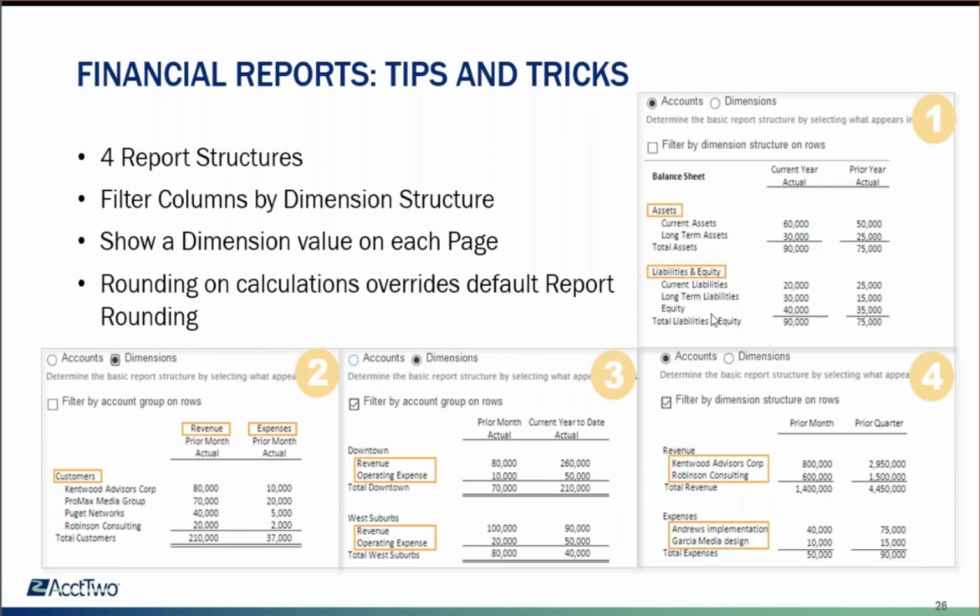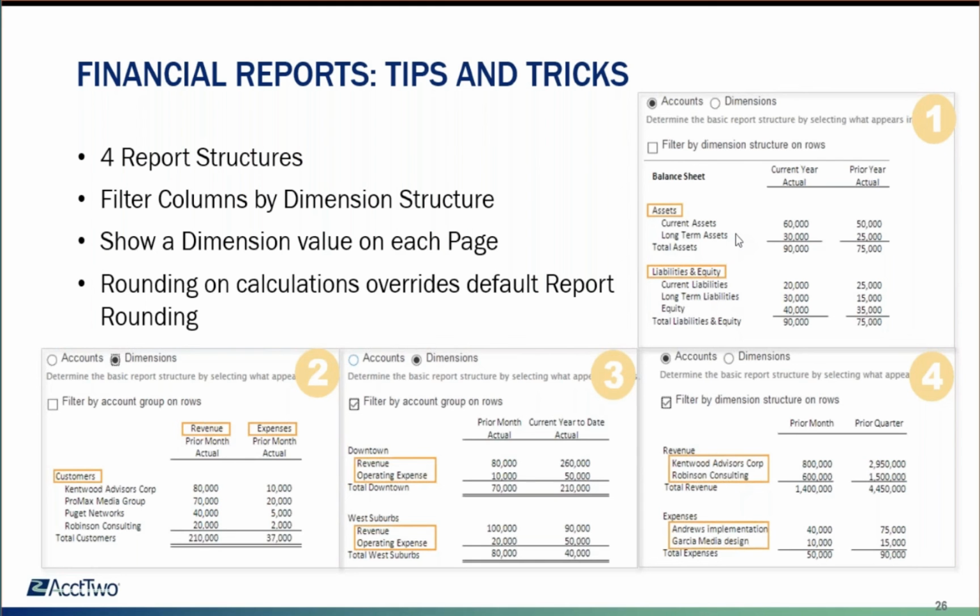Now, I just want to say that it is very easy back in option number 1 to take any of these subsets of your chart of accounts or account groups and expand them by any dimension. It's quick, it's easy, but when you do that, it's expanded by the whole dimension. And you have limited control of the order of those dimensions, etc. So it's quick and easy, but it expands by the whole dimension.